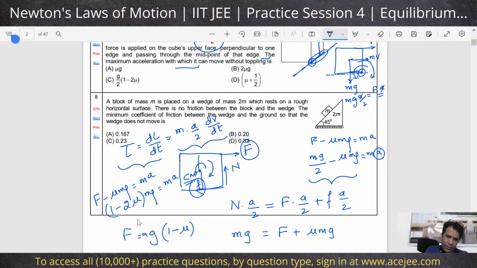So a is equal to g times 1 minus 2 mu. Have we left anything funny in there? Have we missed out on something? g into 1 minus 2 mu.